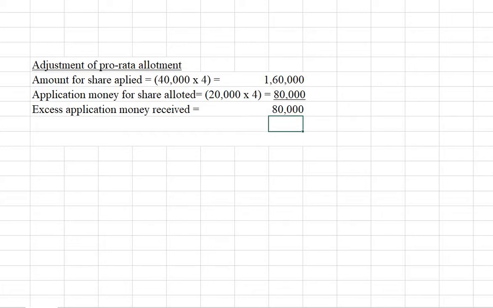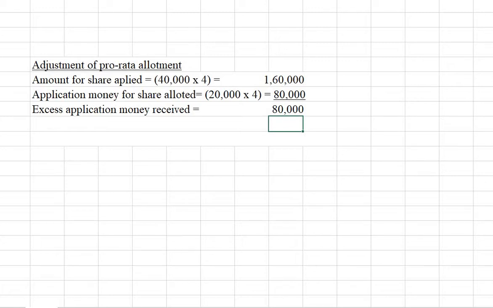Are all of you understanding? So the total amount of shares applied in the second category is 40,000 into 4, 1,60,000. Then for them, how many shares are allotted? 20,000. For that, how much application money do they need to pay? 4 rupees including premium. So 80,000 can be deducted from that.